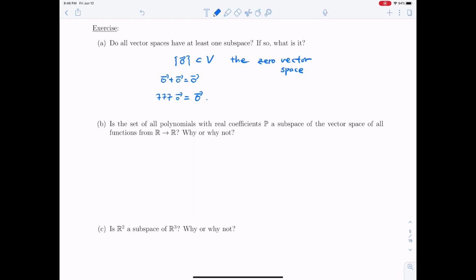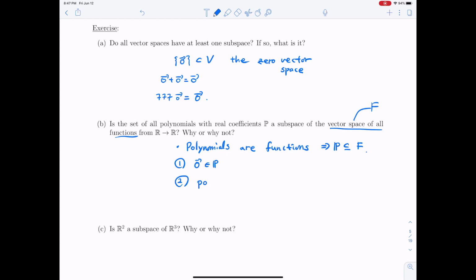How about part B? First of all, we know that polynomials are functions from R to R. So we can say that, letting the vector space of all functions be F, P is a subset of F. And we know that the zero function belongs to the polynomials because 0 is a polynomial.